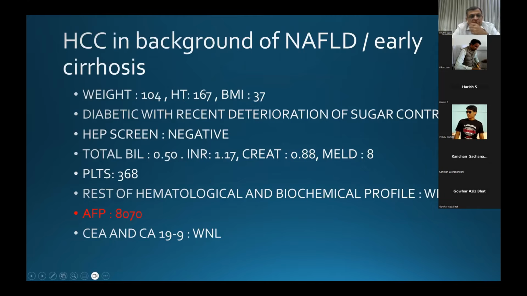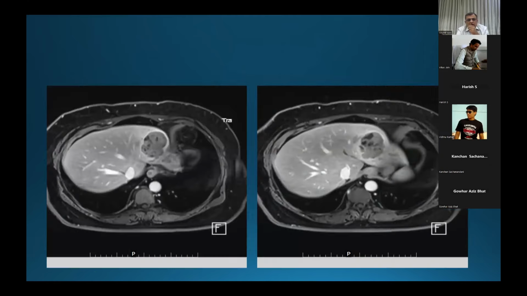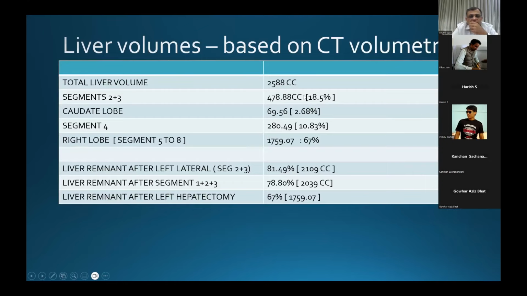So here is a case where we had a patient with a high BMI of 37, diabetic, otherwise preserved liver function, very high CEA, large tumor occupying the left lateral segment, you can see. And this patient essentially otherwise had a good amount of liver remnant. And we did some basic calculations here for the liver remnant.